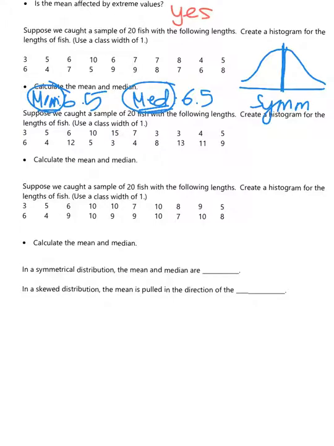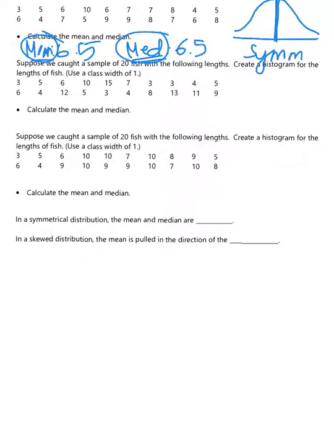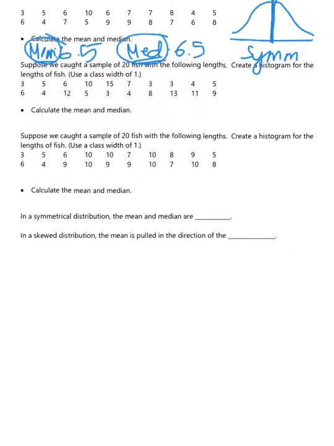Now for this next example, if I were to create a histogram, it would end up looking something like this. So I think there's a bar here, bar here, bar here, and it went down like this. So it ends up looking like that. That is definitely not symmetric. In fact, this is considered skewed right.